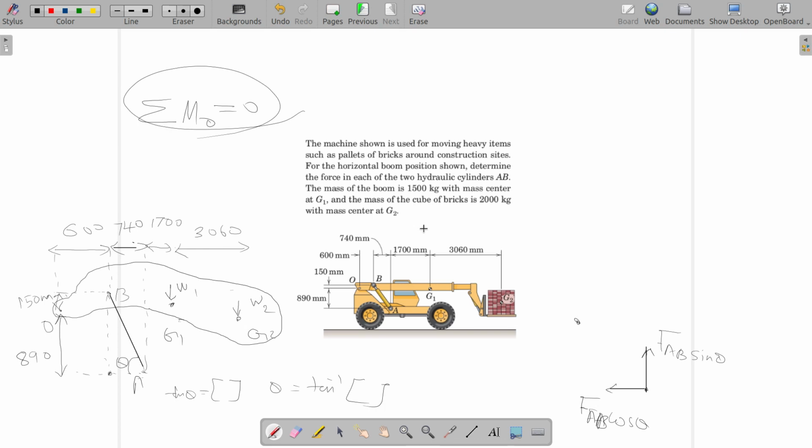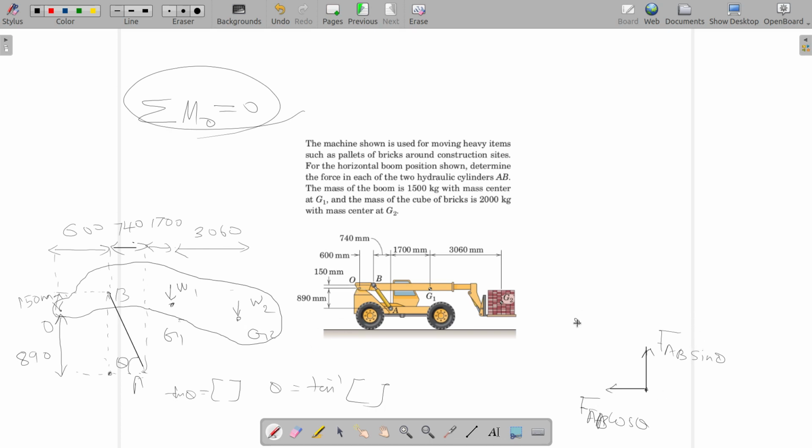So two external forces are drawn, and there are going to be many external forces, so here I am going to take the moment equation with respect to this whole arm. The external force from AB on the arm is split into two parts, FAB cos theta and FAB sin theta, and theta is already calculated.